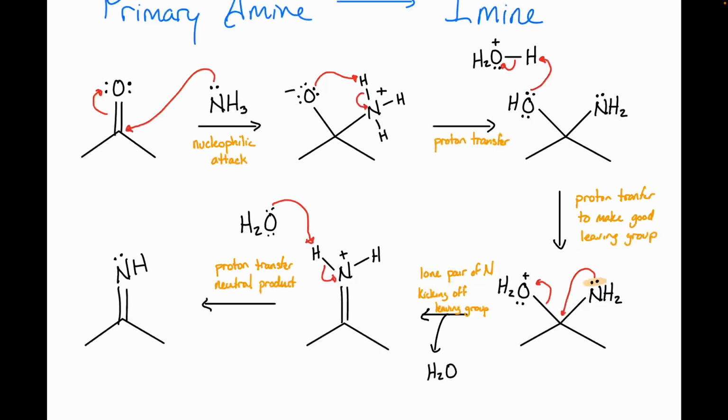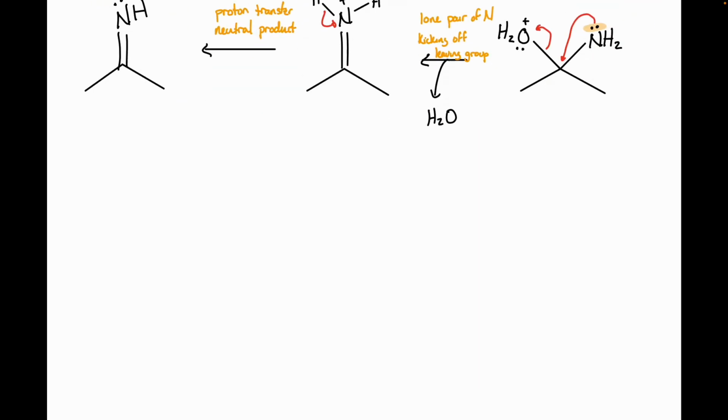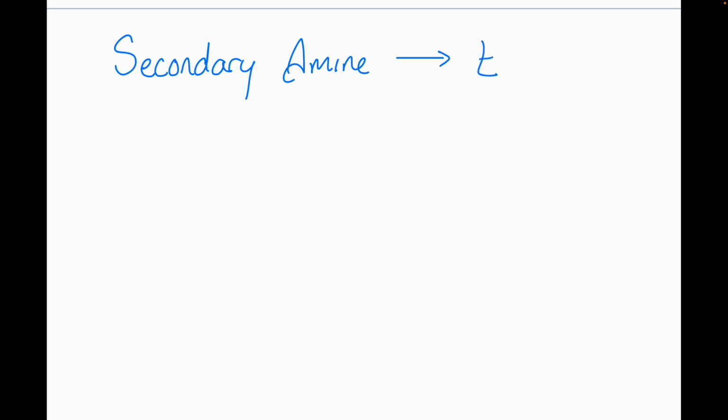All right, and again, with a primary amine, we created this weird product we call an imine that has a carbon-nitrogen double bond. All right, if we instead were to use a secondary amine, we get that enamine product.